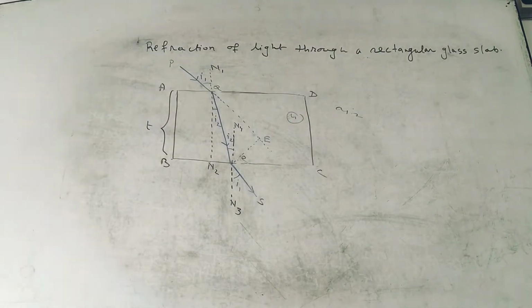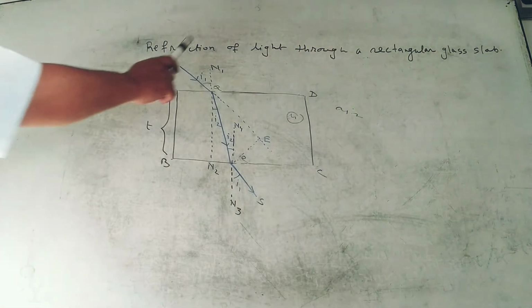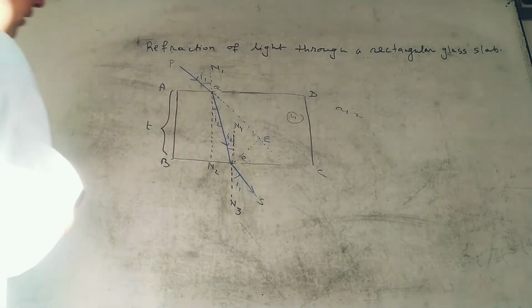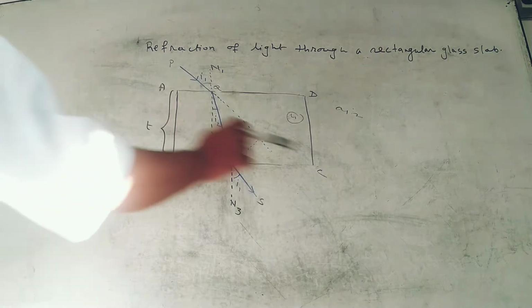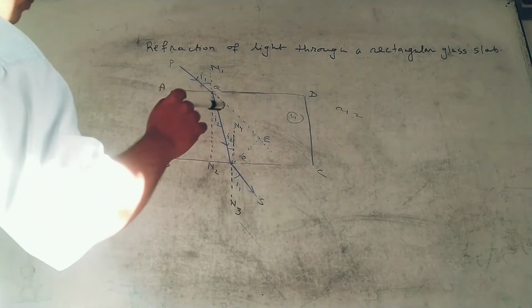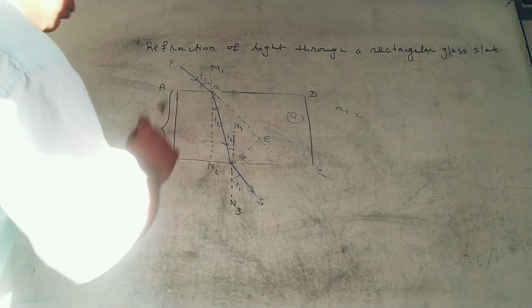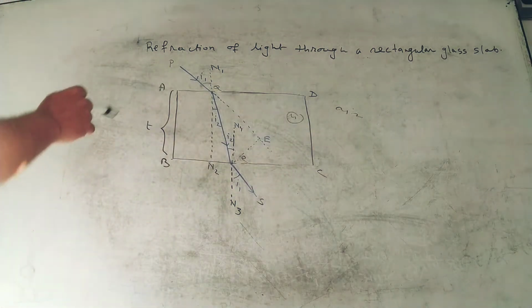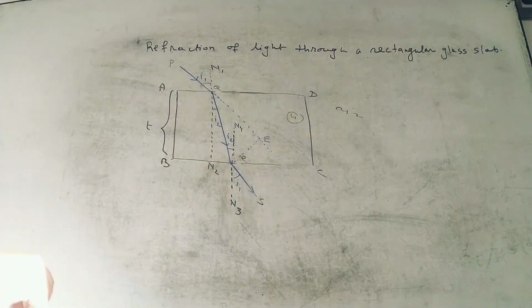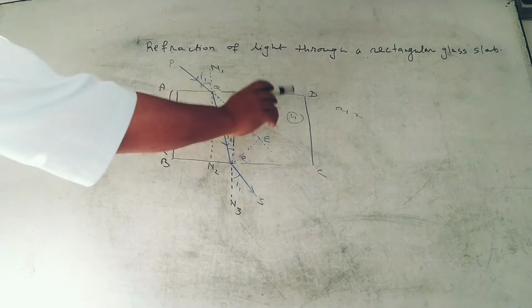Now we are going to discuss the refraction of light through a rectangular glass slab. Let ABCD be a rectangular glass slab having refractive index mu with respect to air. PQ is the incident light ray on the surface AD.